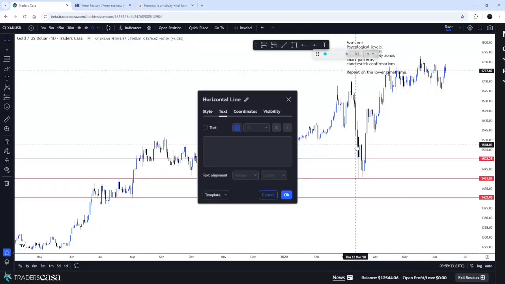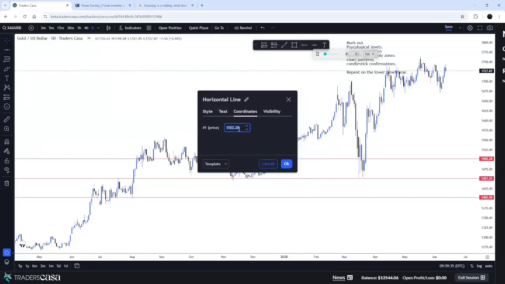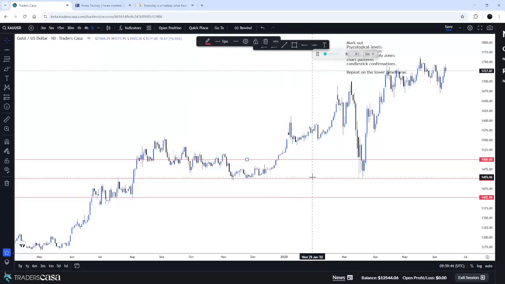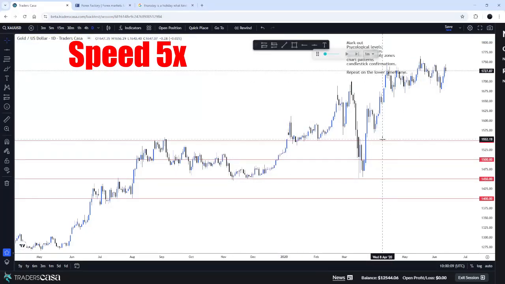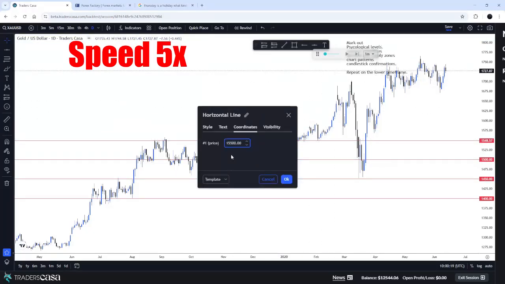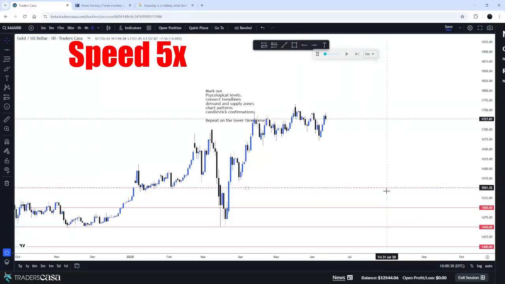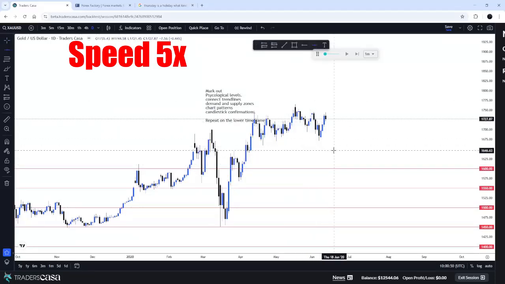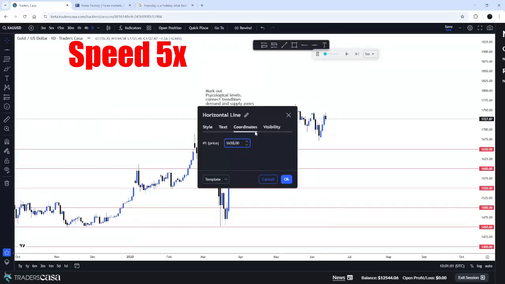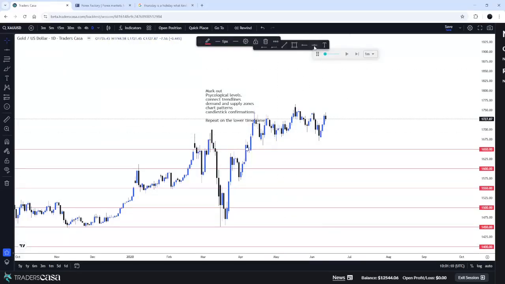Let me adjust it all. So we have 500 pips. 1700.